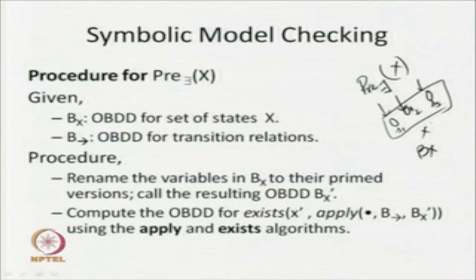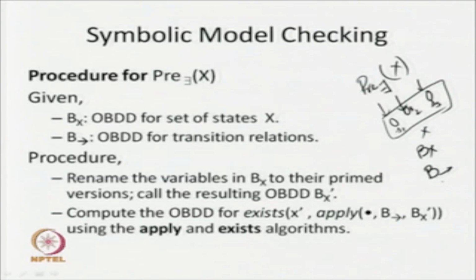And secondly, B arrow: we have the transition system, and we have already discussed how to represent the transition system with OBDDs or ROBDDs. So, B arrow is the OBDD representation of our transition system. Basically we get two BDDs: B X, the OBDD representation of our set of states X, and B arrow, the OBDD representation of our transition system.